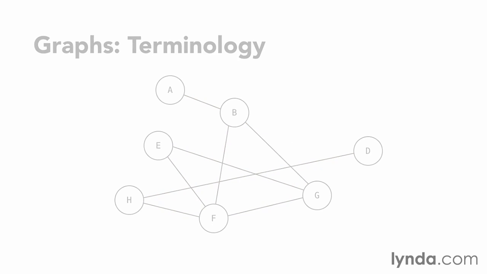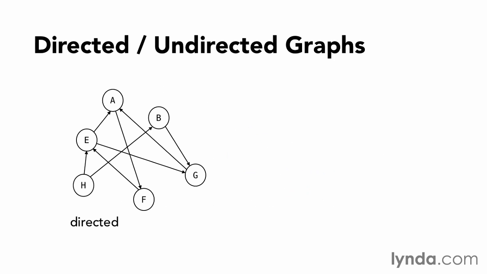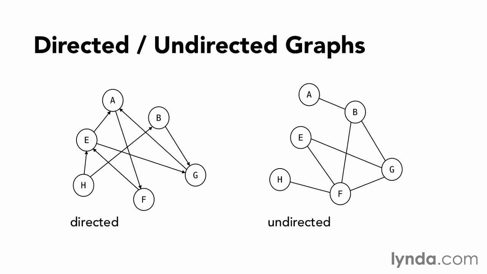We can also say whether those edges should have a direction to them. In some situations, it makes sense that any edge, any connection between two vertices is only one way. In other situations, you might want to be able to follow that edge, that link, in either direction. If the edges only go one way, it's called a directed graph, but if you can follow any edge in either direction, it's an undirected graph.